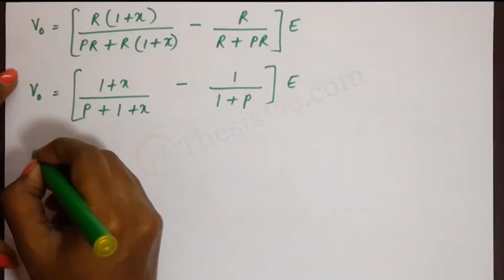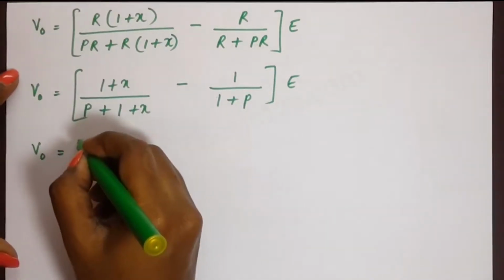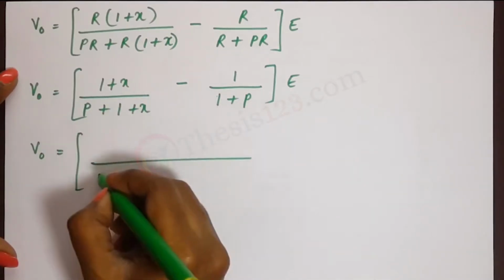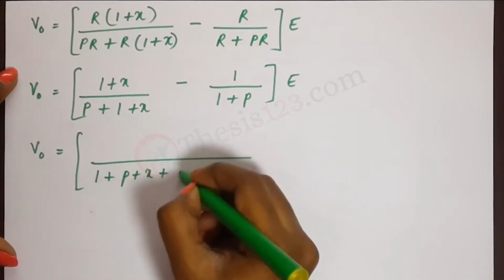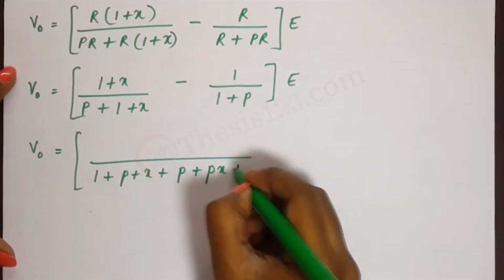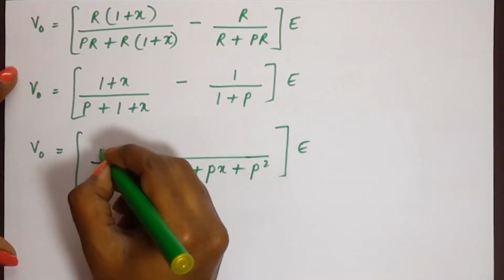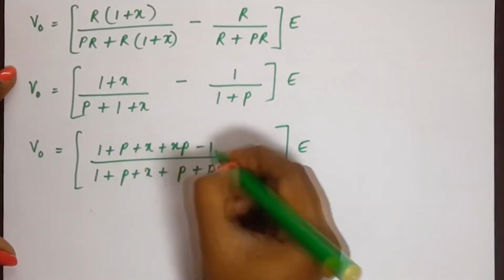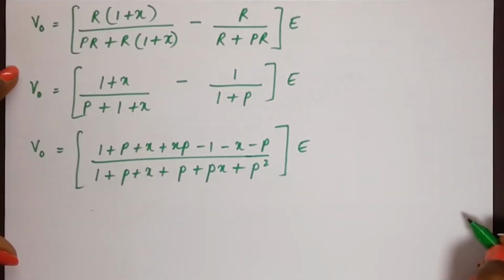Now taking the LCM, the denominator would be to multiply them both. We'll get 1 plus P plus X plus P plus Px plus P square. And the numerator becomes 1 plus P plus X plus XP minus 1 minus X minus P. I hope you're following. Now in the numerator, a number of things cancel out.